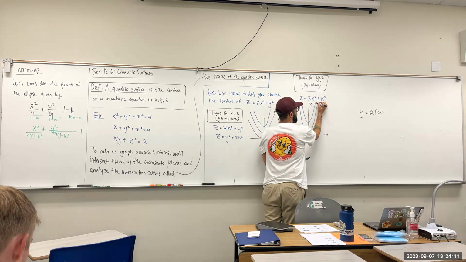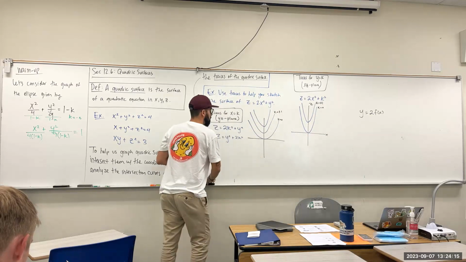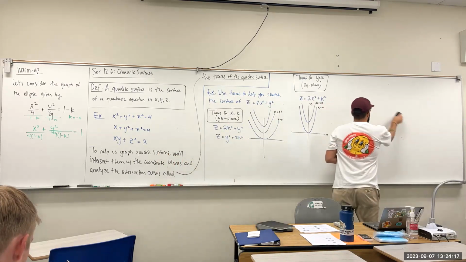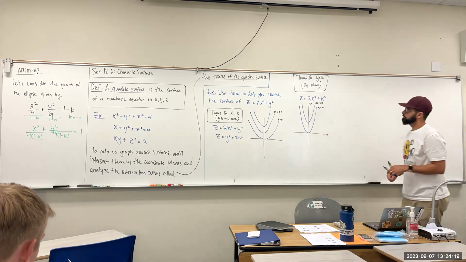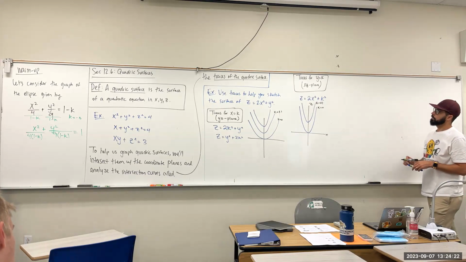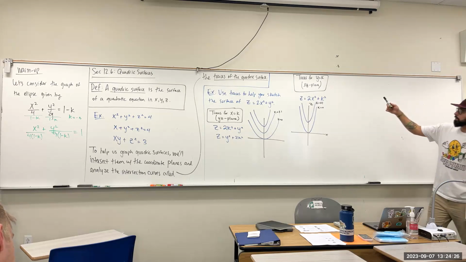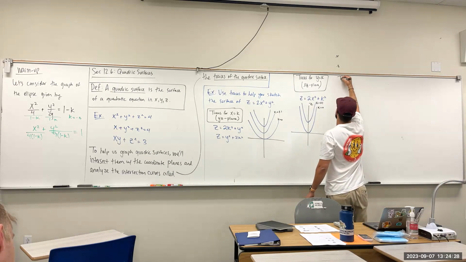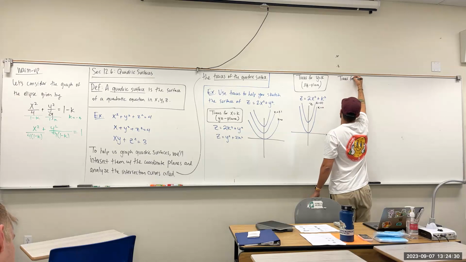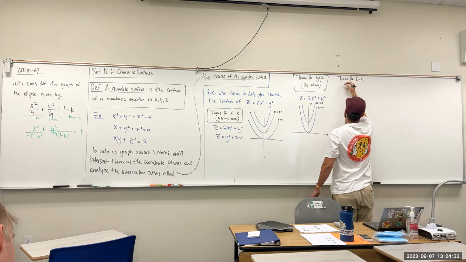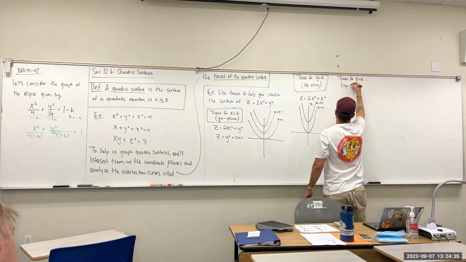Okay, so here k could possibly be plus or minus 1. Which one's left? X. So let's do traces for z equaling k. Now we're shifting to the xy plane.